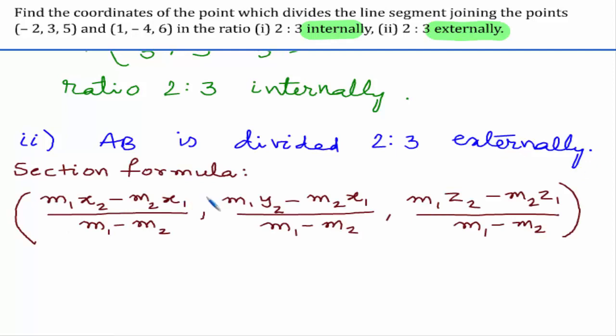So the section formula for external division is (m1x2 minus m2x1) by (m1 minus m2), (m1y2 minus m2y1) by (m1 minus m2), and (m1z2 minus m2z1) by (m1 minus m2). The difference between the two formulae is only the symbol.